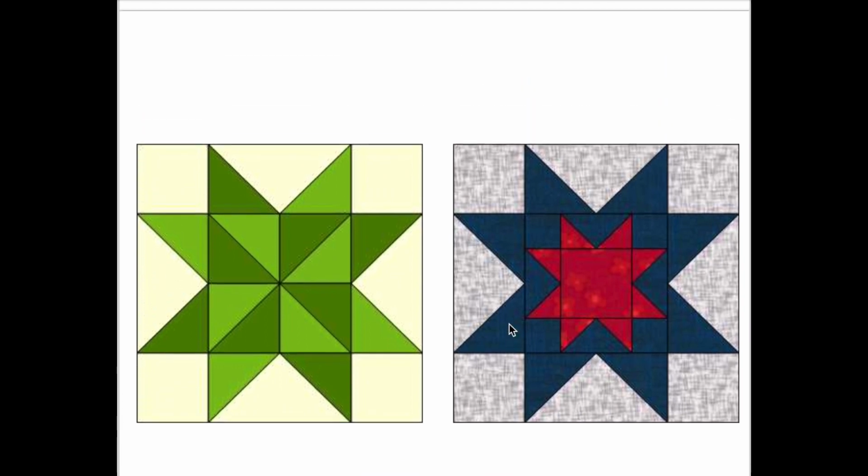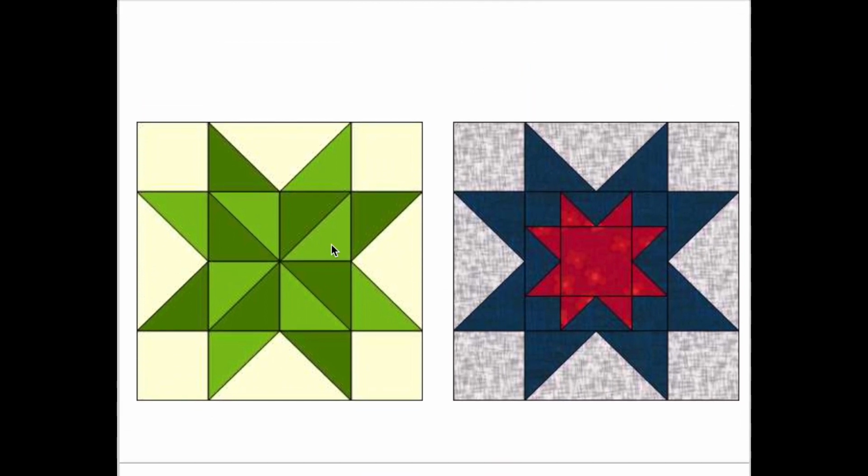If you wanted to do these 2 blocks, this one has a sort of spinning star look to it. It's not hard to do. Instead of a plain square, you'd have 4 1/2 square triangles turning this way.